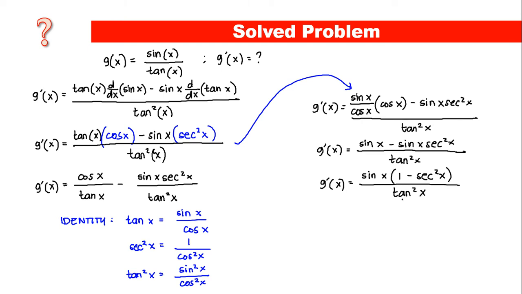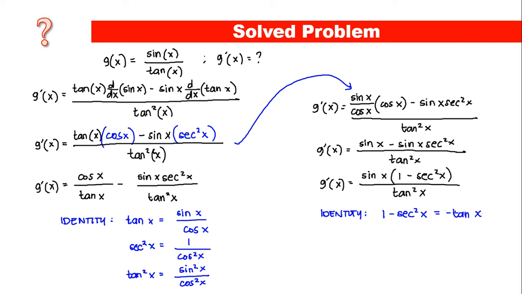Okay? Now, ang identity ulit natin na nakikita dito is that 1 minus secant squared x equal yan sa negative tangent squared ng x. No? So, saan galing yan?